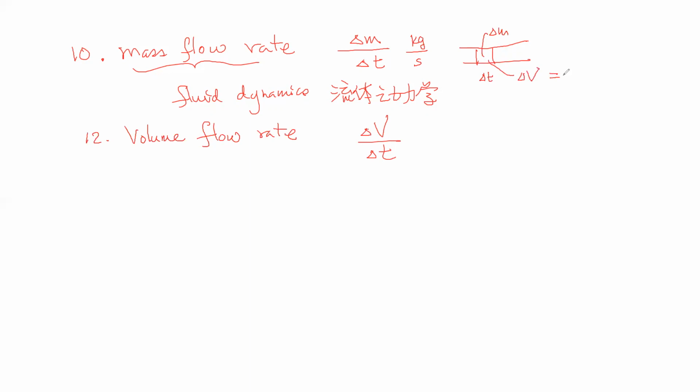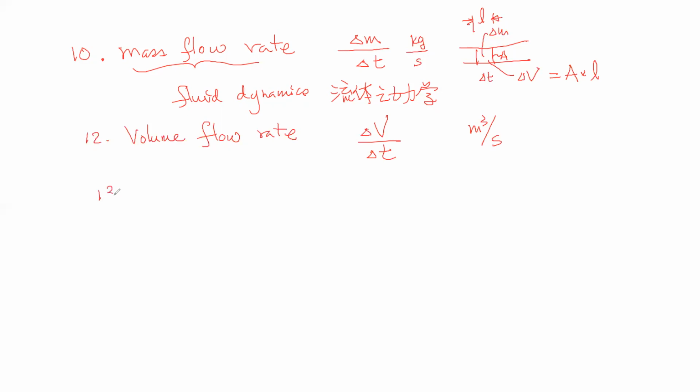So this volume will be equal to A times this length right there, say a little L, right? And this is called the cross-section area. So A times L is your delta V right now, right? So this is your volume flow rate, which is meter cube per second.